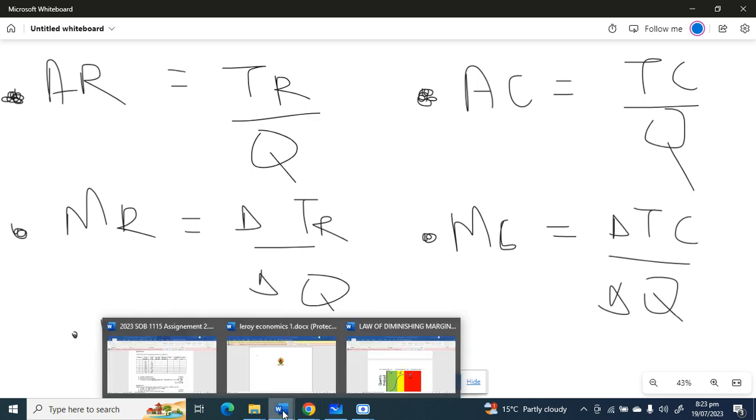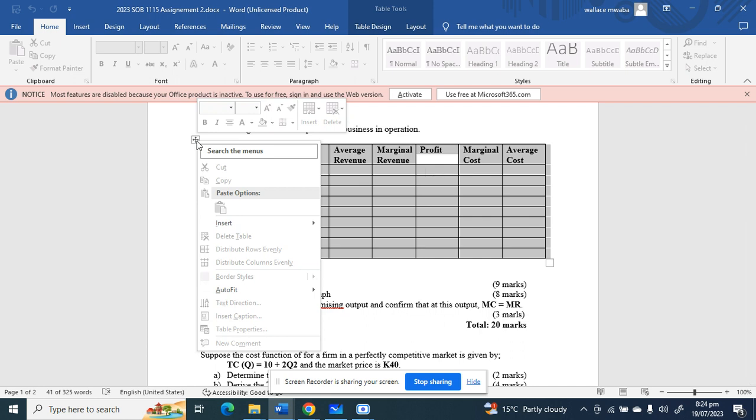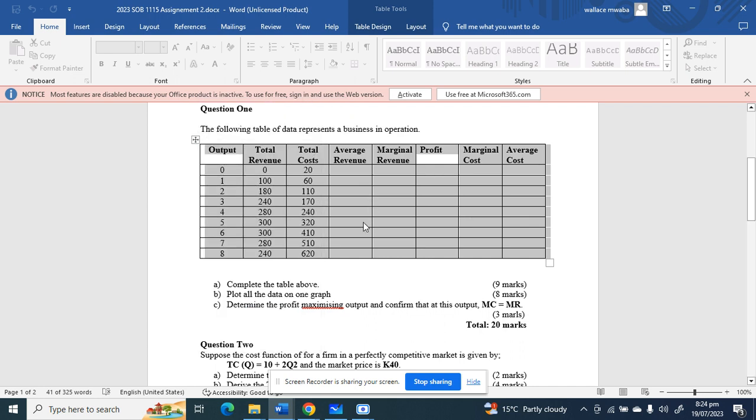So, for example, let me get this table. Now, for example, at 0 units, average revenue, you say total revenue zero divided by output, you get 0.